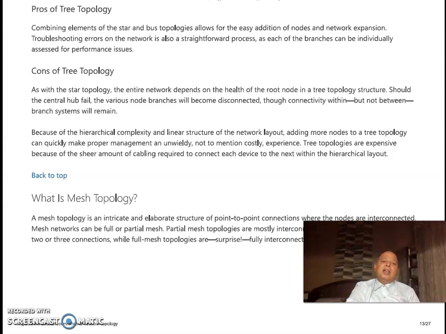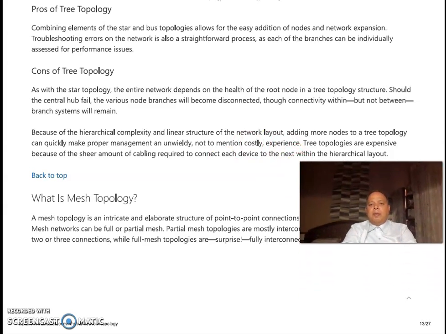Another thing is that adding certain devices like this, and nowadays because you get smart devices, they are a bit costly, and that adds to the cost of the entire network. A little bit more cabling is also required because you need to connect all these devices, and whenever these cables get some fault, then again there is an issue with the uptime of the network.